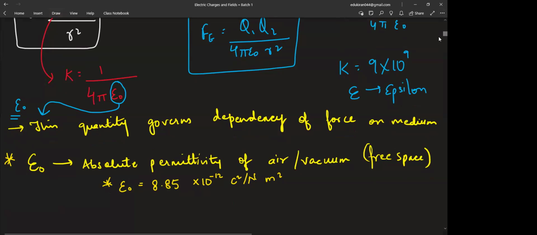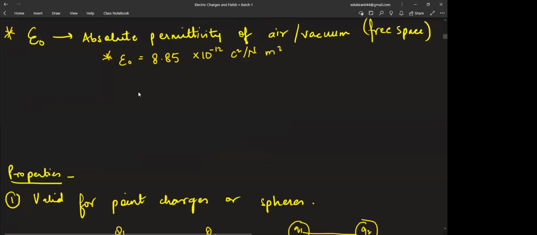Now look, if I have a different medium, suppose I have epsilon. Fine, this is for a random medium, any medium. But when I put a naught symbol here, this makes the medium air. So this is for any medium, and this is for air.